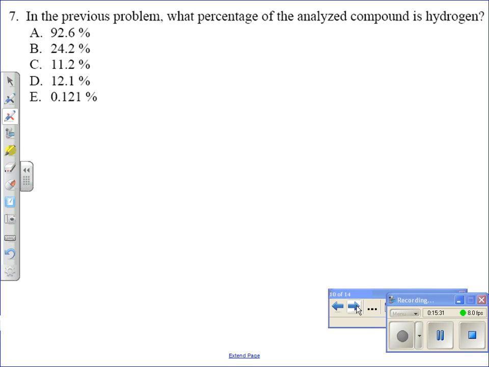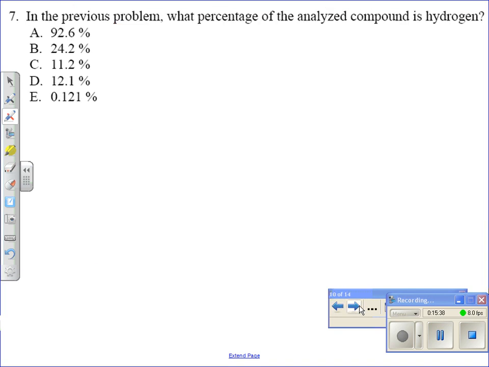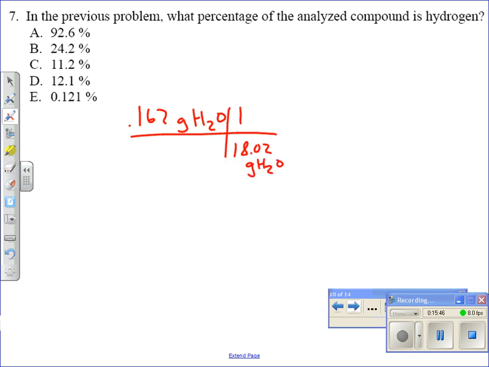Next one, percentage of hydrogen. So how do you do percentage of hydrogen? Well, you take the 0.162 grams of water. I'm going to convert water. 18.02 grams of water is going to be equal to 1 mole of water.